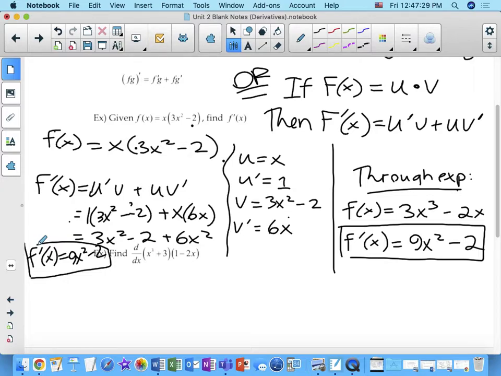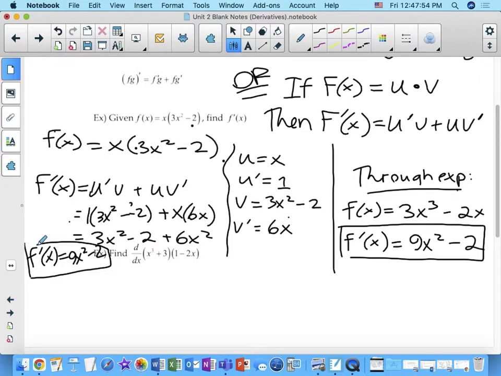What we're going to find, though, a little later on in the course, is that we may have some functions that are the product of two separate functions where we can't use the product rule even after we expand. So for example, if I had something where f of x equals x squared times sine x, okay?